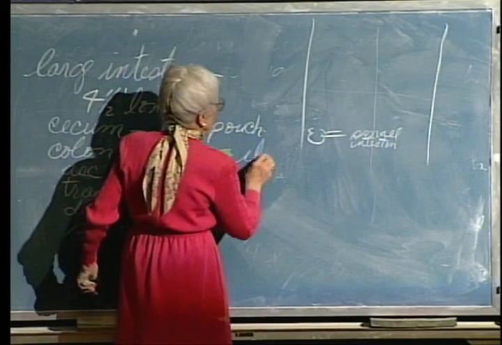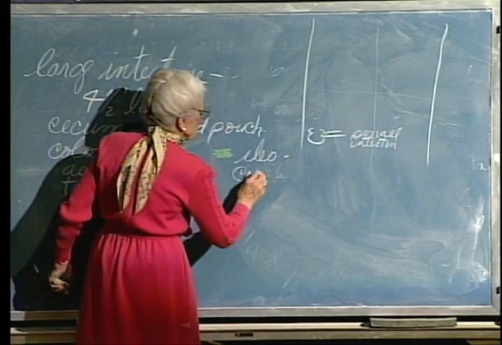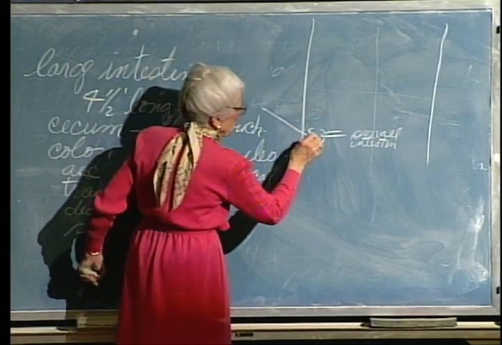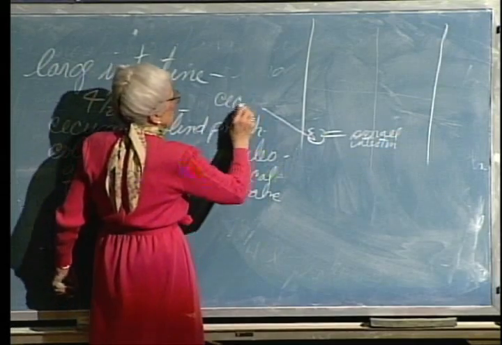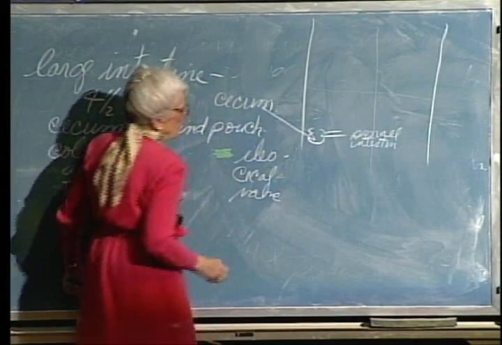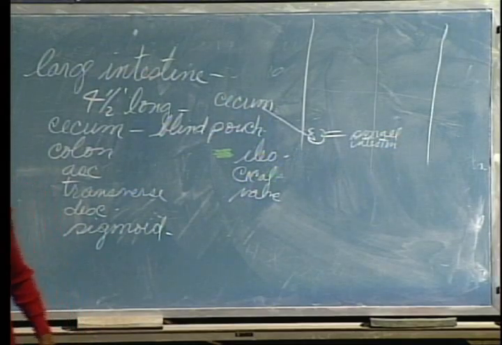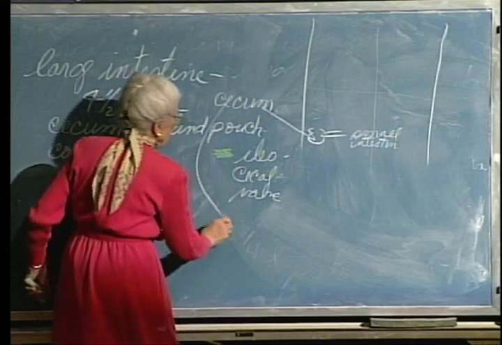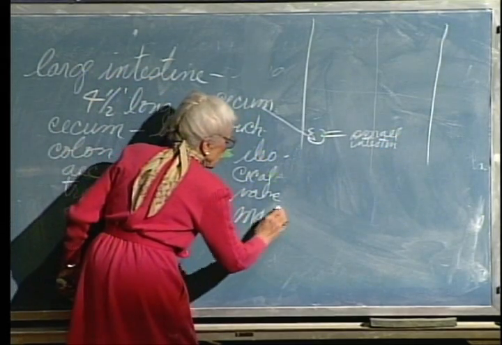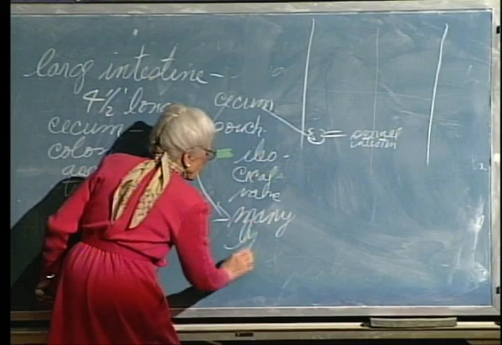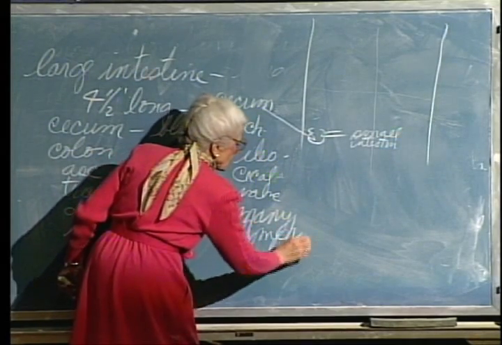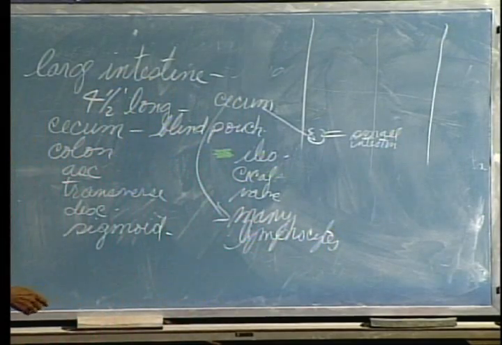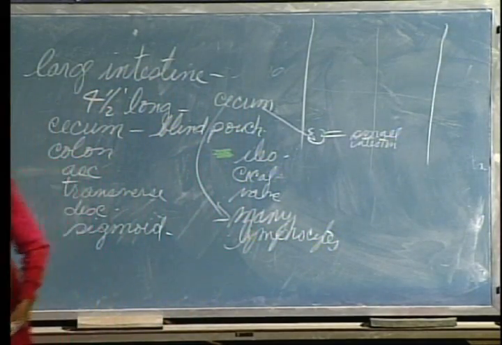Ileocecal valve. And this blind pouch is my cecum. Its wall, like the ileum, is also filled with lymphocytes, many lymphocytes. And it has a small structure coming off of it.